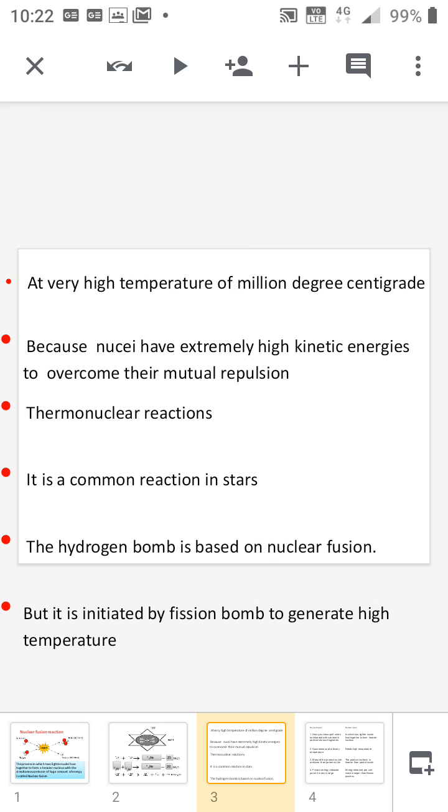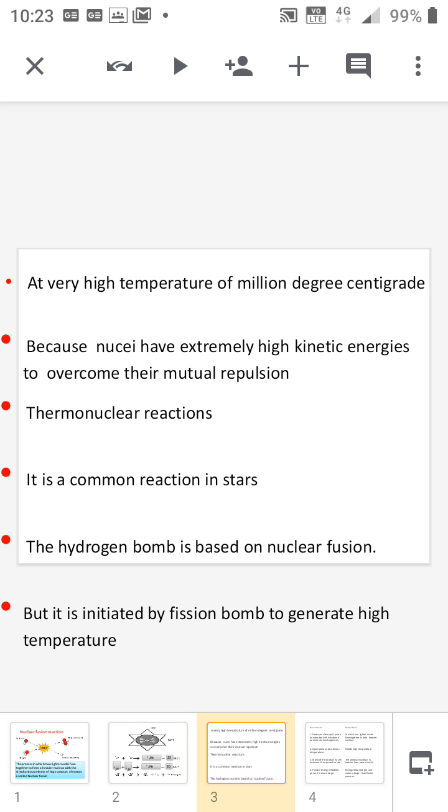This is because, in order to overcome the nuclear repulsion between the parent nuclei, we have to create high kinetic energy for them. This is achieved by giving them high temperature. Since the reaction occurs at very high temperature, nuclear fusion reactions are commonly known as thermonuclear reactions.